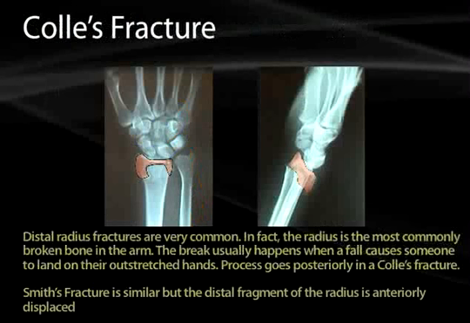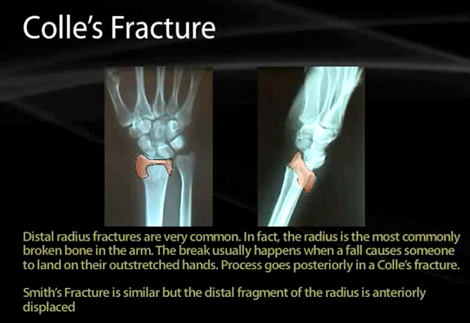The Colles fracture, over the age of 40 at this point, is going to have basically a crushing fall on an outstretched hand for someone over 40, and it's going to cause a silver fork deformity by driving the distal end of the radius backwards or posteriorly.